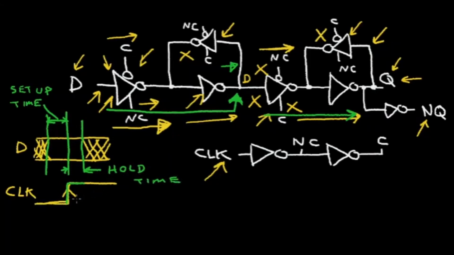And I need the hold time because when my clock goes high, I'm shutting off this tri-state driver. And that doesn't happen right away. I don't want any bad data to sneak through when I'm trying to shut off this first tri-state driver. So I need the data to remain valid for a certain hold time.